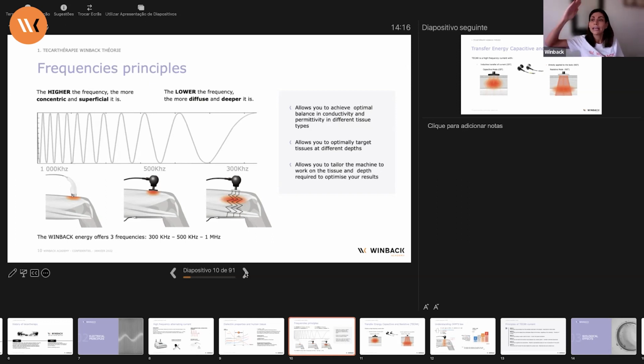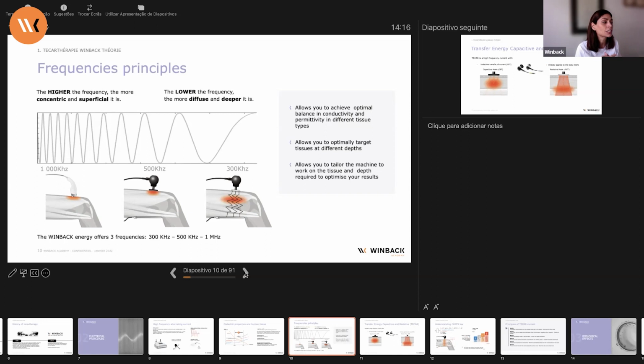It's so high that the sinusoidal current stays only in the first centimeters of the skin. If we start working in the capacitive mode, we work at 500 kHz. We work where? We work on the muscles. But if we want to go a little bit deeper, we can work in the resistive mode. We work at 300 kHz.